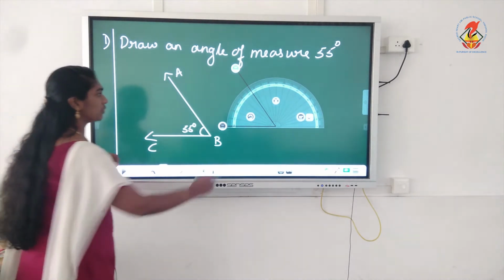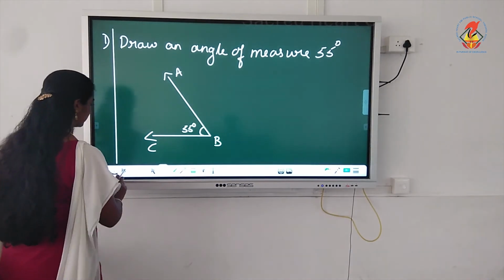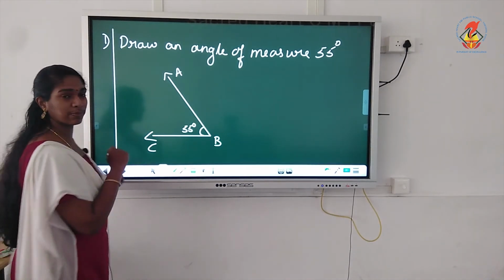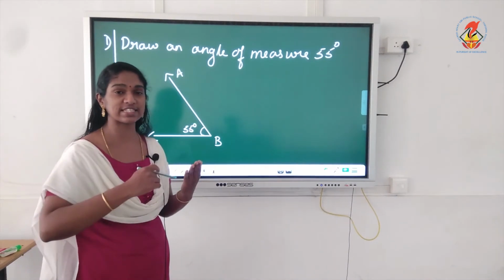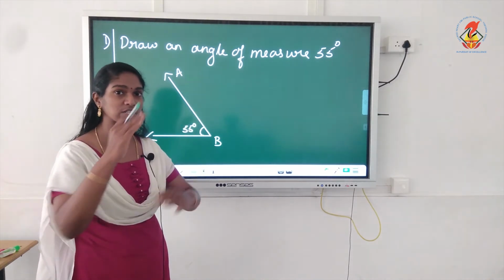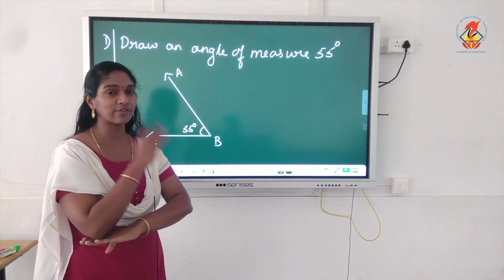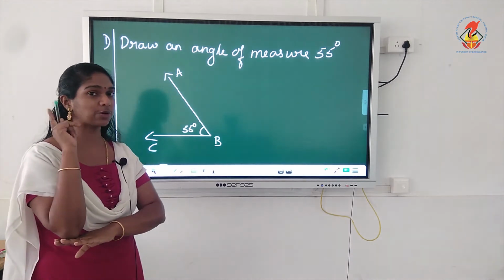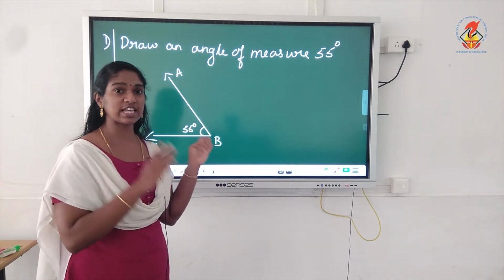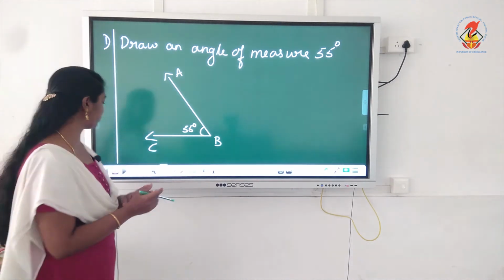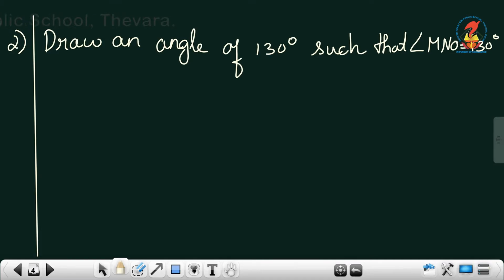Okay. Now, next one I will do with the inner scale. And see, keep in mind 55 degree, as I told you, is less than 90 degree. It is a smaller angle. So, the mouth will be closed. So, after you draw also, you have to understand whether your figure is correct or not. Okay. Now, draw an angle of 130 degrees such that angle MNO is equal to 130.